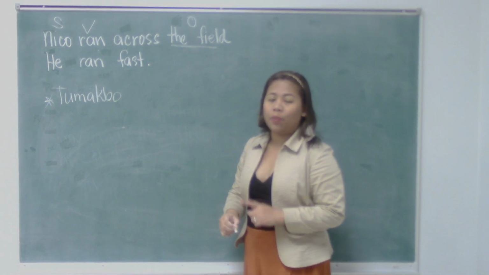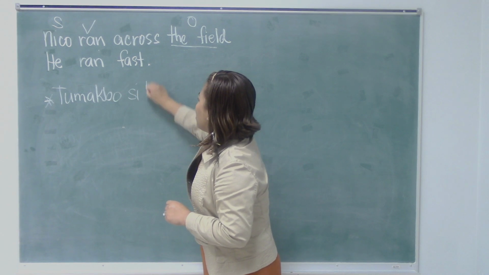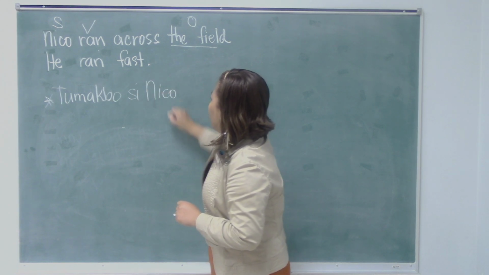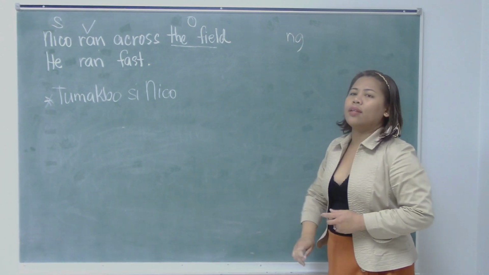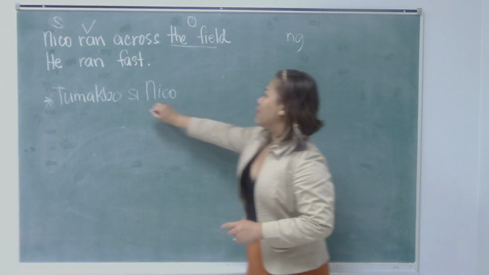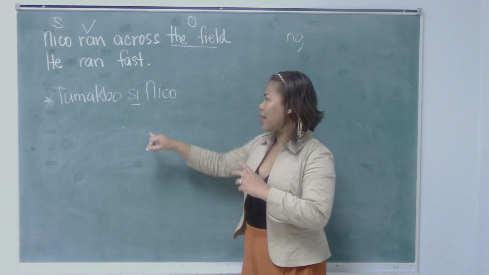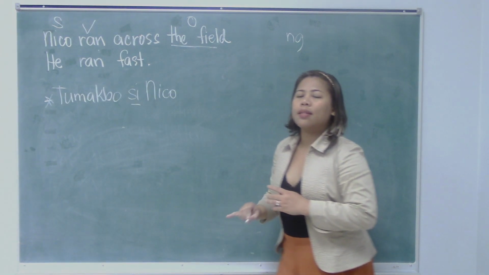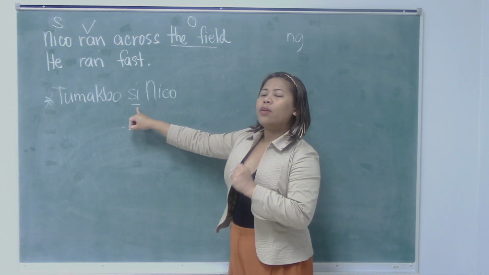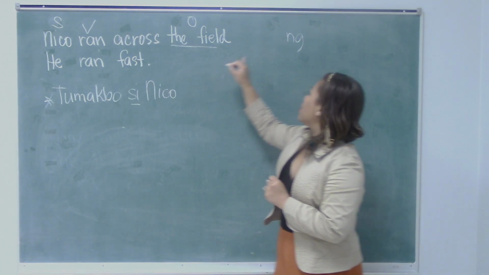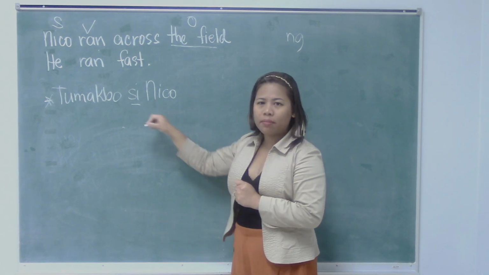And then next will be our subject, right? Tumakbo. Si Nico. Now, earlier there's ang, which is an object marker. Si, I already explained this in my previous lessons. Si is a personal topic marker.